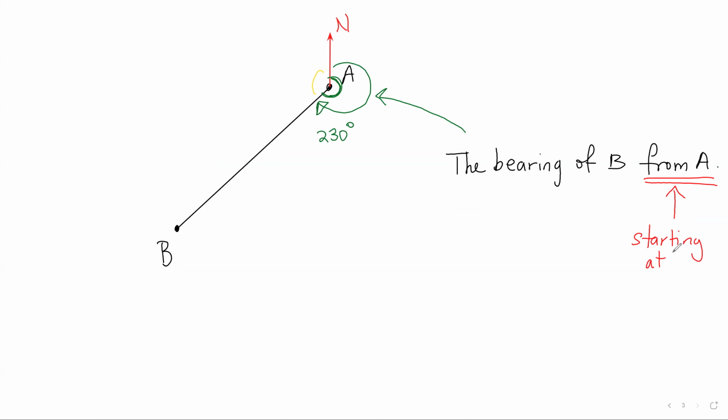Starting at A, so the north line goes at A. And then you draw a line connecting A to B. So the clockwise angle between the north line and the line connecting A to B is your bearing of B from A. Okay, guys? That is something I really want you all to be careful with. Is that okay?